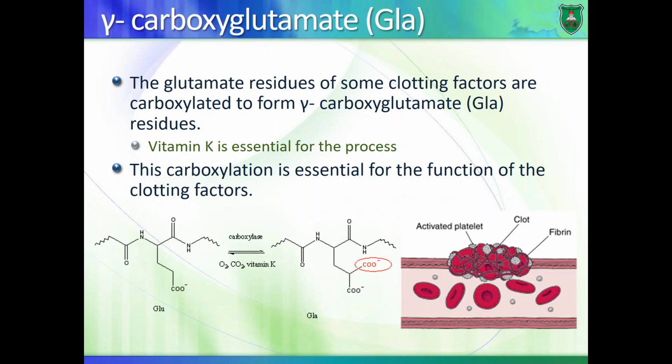Notice that an important point is that vitamin K is important for the process of carboxylating glutamate, and that's why it's important for blood coagulation. Okay, and that's the letter K. It indicates coagulation because it's written in German, not starting with a C, rather it starts with a K. Okay.